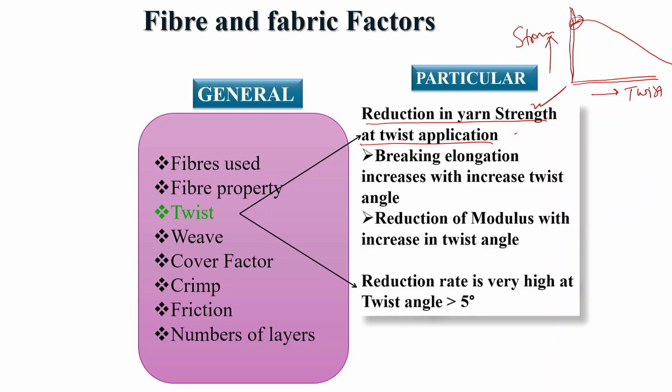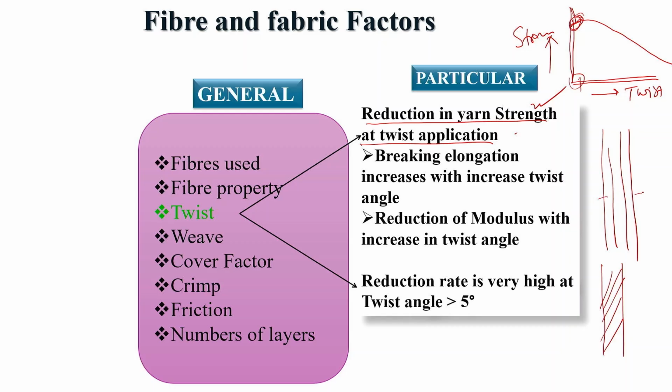Initially there will be a slight increase with a very low level of twist, because in multi-filament yarn we need a very low level of twist, otherwise the individual filaments will spread out.